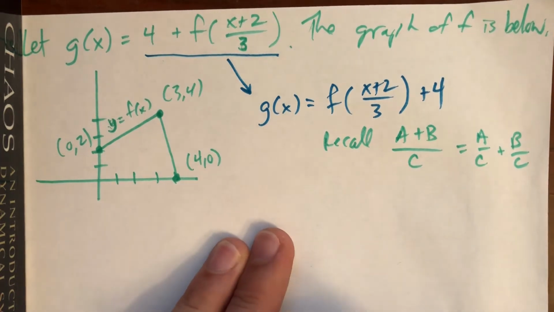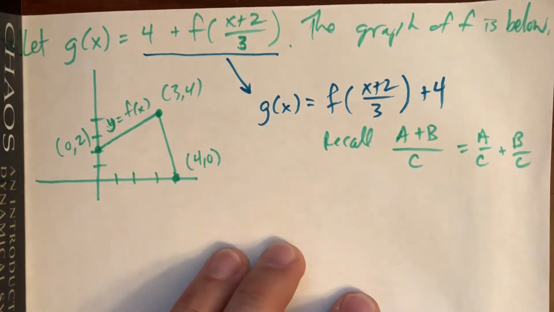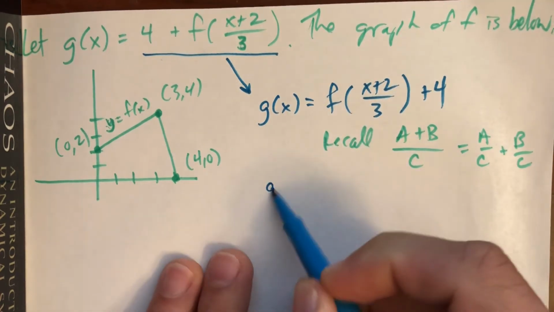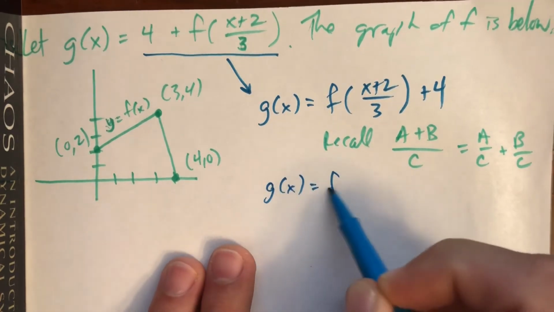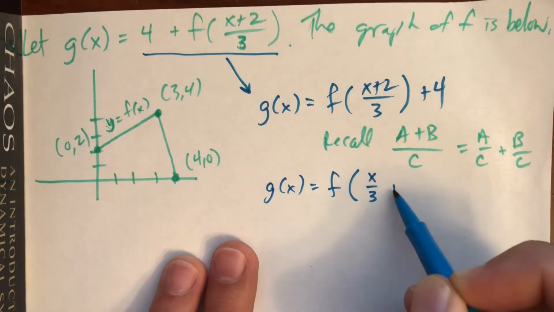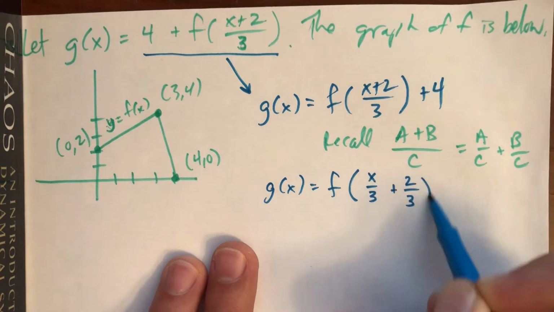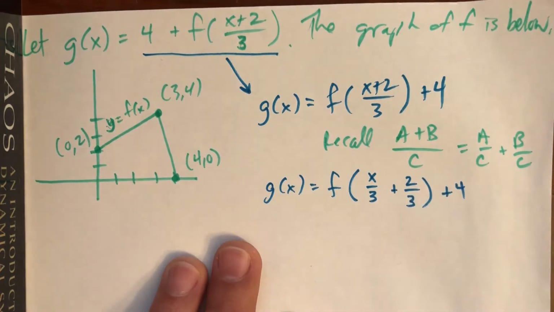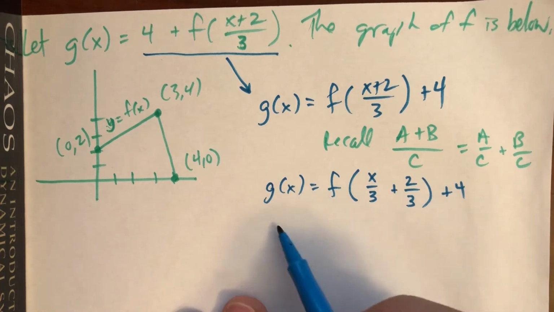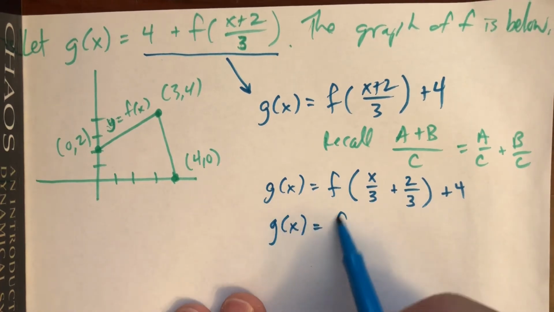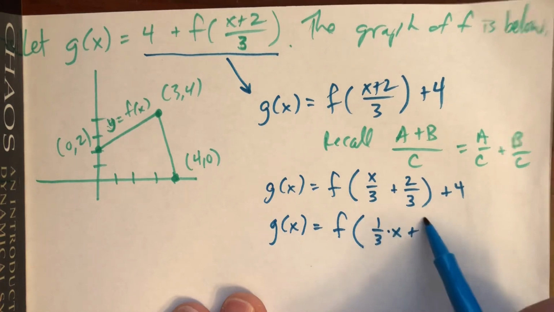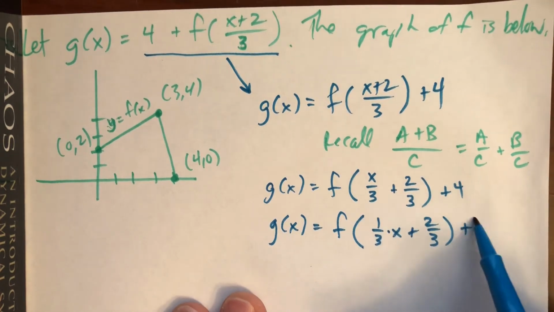We've got the individual numerators over the same denominator, so we can rewrite this f of, well, that'd be x over 3 plus 2 over 3, plus 4. And if we want to take that one step further to separate that out, we could go one step further and write that 1/3 times x plus 2/3, plus 4.